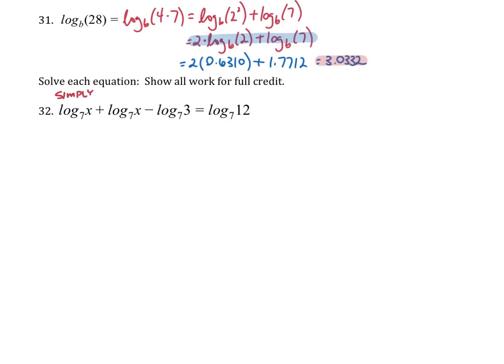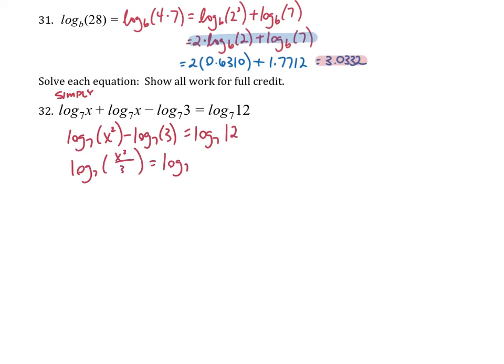Well, that's really like saying x times x, which is log base 7 of x squared minus log base 7 of 3 equals log base 7 of 12. And when I look at subtraction, that's really division, so I have log base 7 of x squared divided by 3, which is equal to log base 7 of 12.